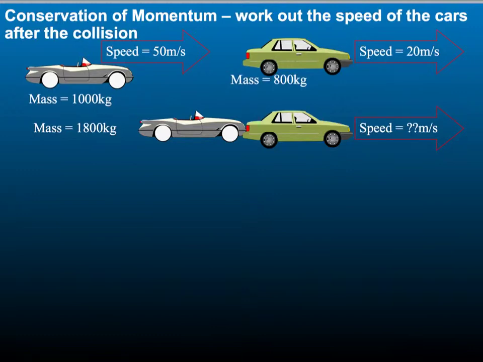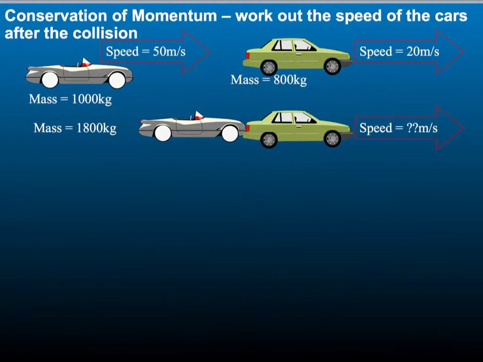Now in this question, we've got a silver car with a mass of 1000 kilograms, travelling with a velocity of 50 metres per second, and a green car with a mass of 800 kilograms, travelling at 20 metres per second in the same direction. After the collision, the silver car and the green car are in contact with each other, so we can now class them as one object.